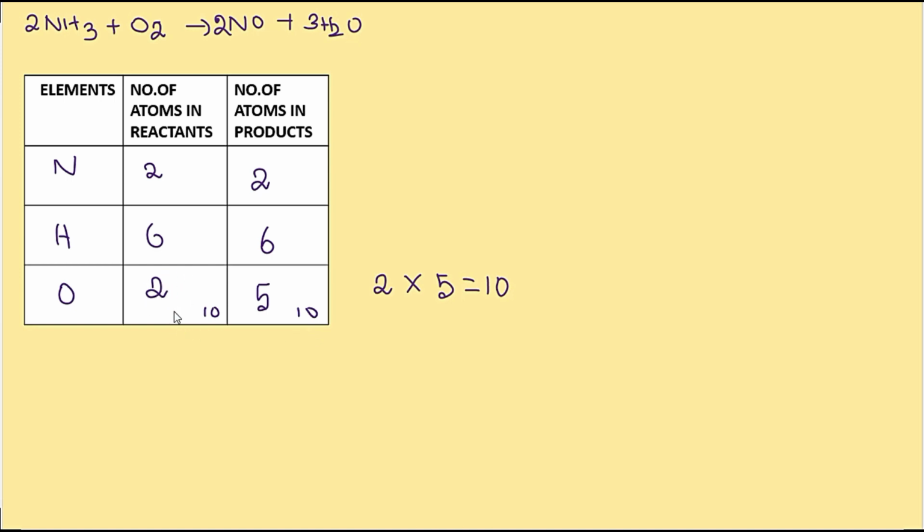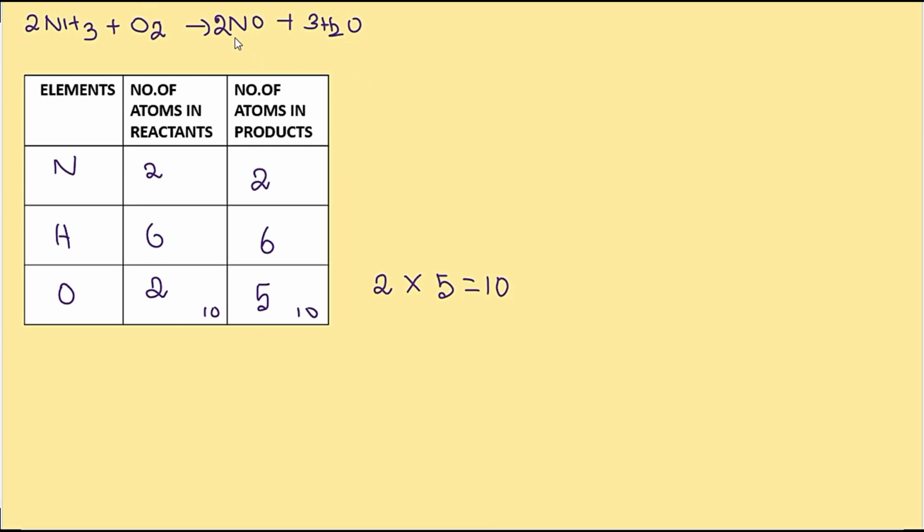If we multiply 2 with 5 in the reactant side and if we multiply 5 with 2 in the product side. Okay, so how this can be achieved? This can be achieved by, here if you see oxygen, it is 2, right? So simply we will multiply it with 5.